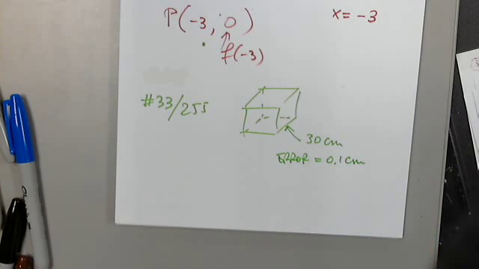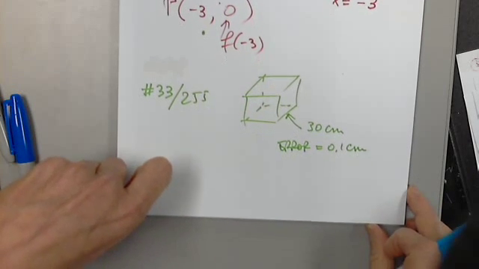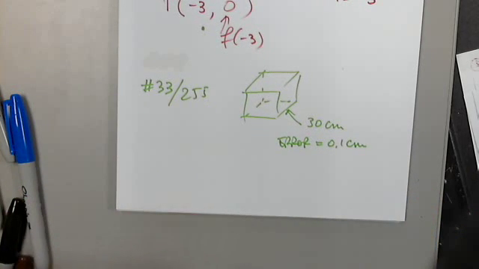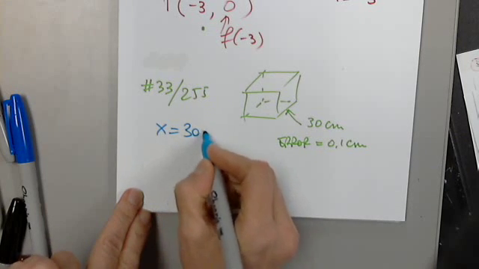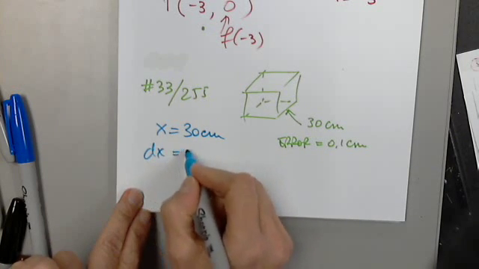Before I read on, I need to identify what 30 means and what 0.1 means. 30 is x. 0.1 is delta x.